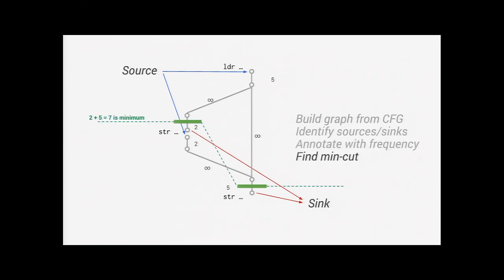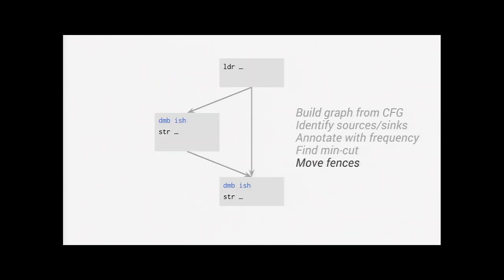And then you do a min-cut. So you try to find the cheapest set of edges that completely separate the source from the sink. And actually, if you just put the fences on these edges, you can easily show that you still have exactly the same guarantees that you had before, and that you minimize the dynamic cost of the fences.